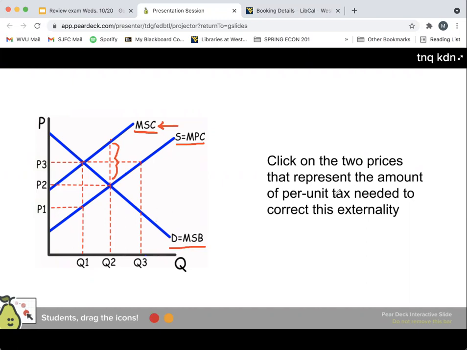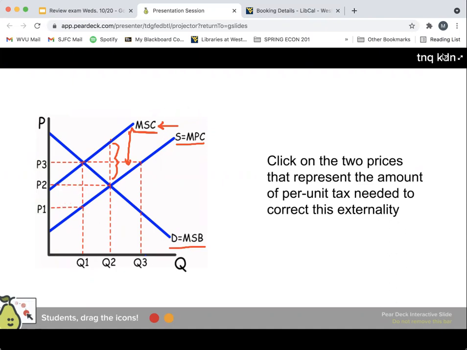So in this case, they want us to show the two amounts that are going to show us that per unit tax we need. So like I said, it's going to be this vertical distance from here to here. I could go down to this point here. So anytime I move in between these curves, this distance should be the same as this distance, okay? All the way down, these lines should stay parallel.